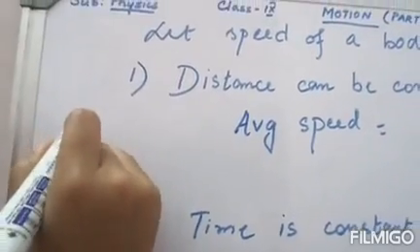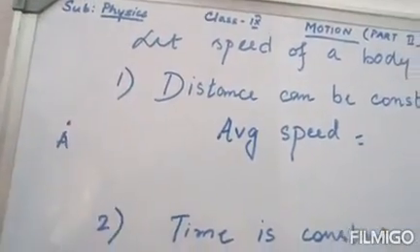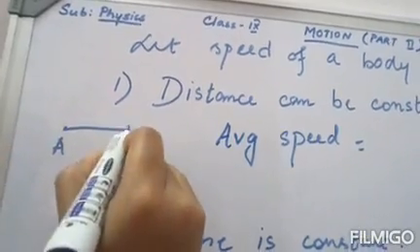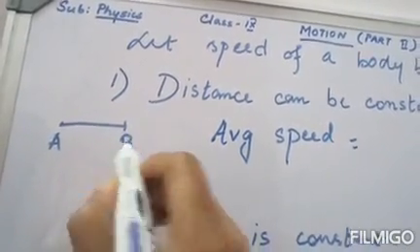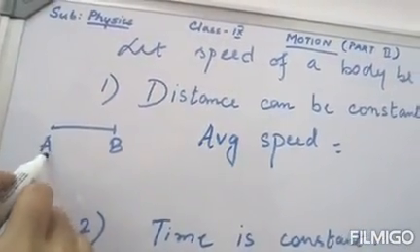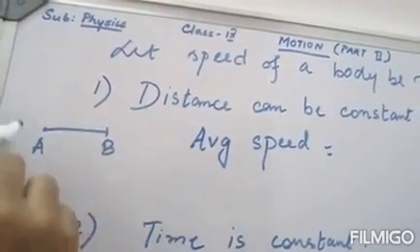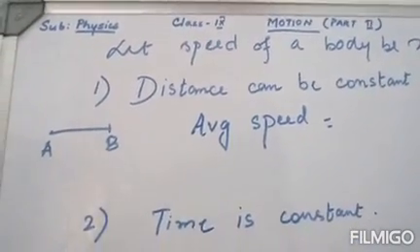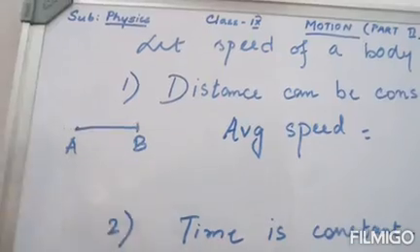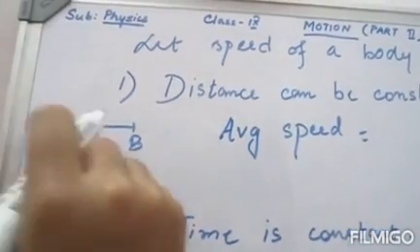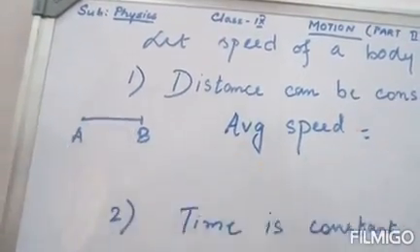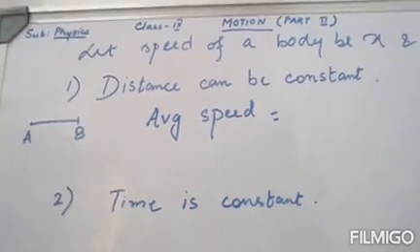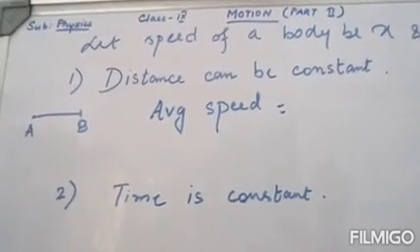That means you go from A to B and you return from A to B. That can be a case, or else you are going to the same place and your friend is also going to the same place. At that time we can say distance is constant.